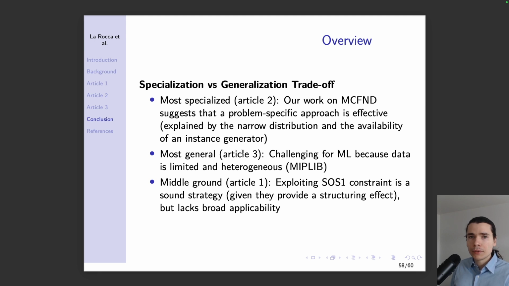The third paper, we saw that it was quite challenging because we're working with limited data and heterogeneous data. It was the most general one. And then the middle ground is paper 1, where we exploited SOS1 constraints. And this is a sound strategy given that they provide a structuring effect, but they lack broad applicability.